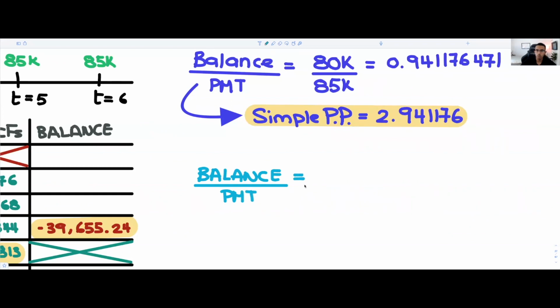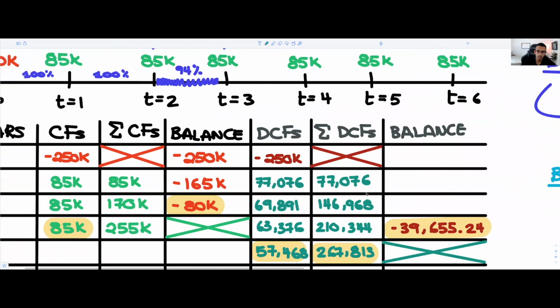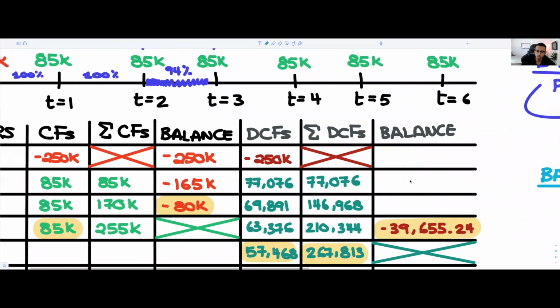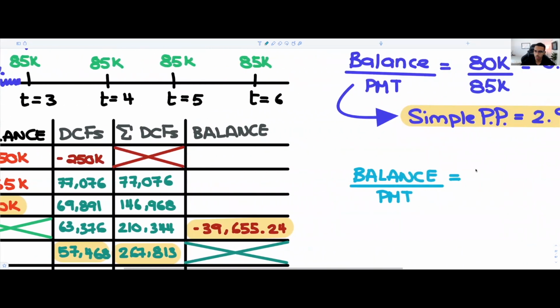That's going to be equal to, if I could do some quick math, what is our payment for essentially year 4? It's $57,468. No, we're going to look at what's missing. I'm sorry, I'm a little tired. Then you put that above your payment. I guess we'll put our discounted payment. That's going to be equal to 57,468.